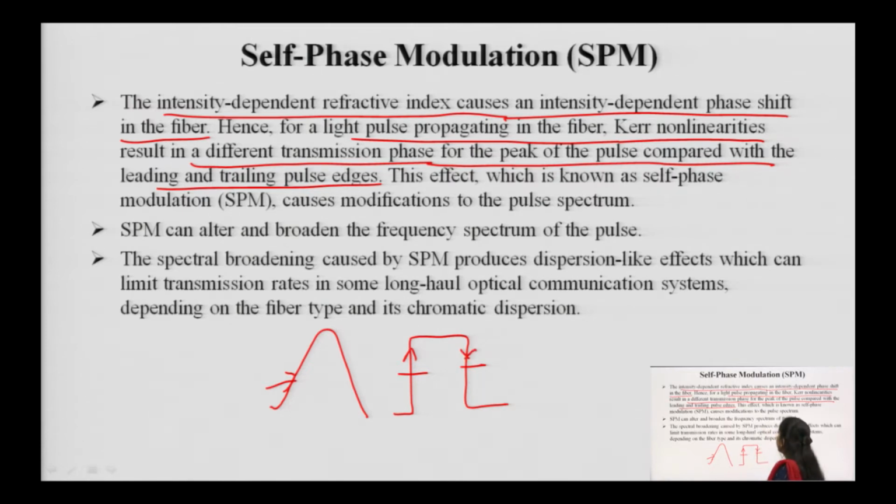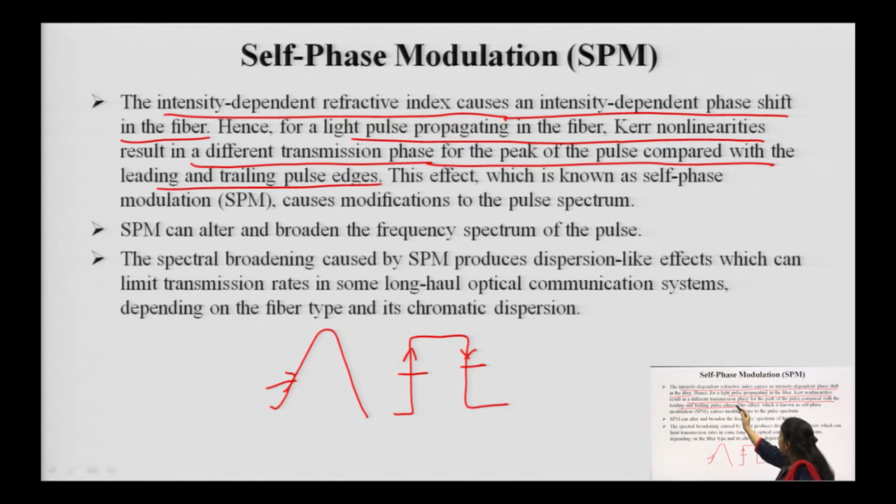So, what they say is that the light pulse propagating in the fiber, due to Kerr non-linearity, will have a different phase than the leading and the trailing pulse edges. That is why there is a change in the phase of the pulse propagating inside a fiber, and that is why it is called phase modulation.